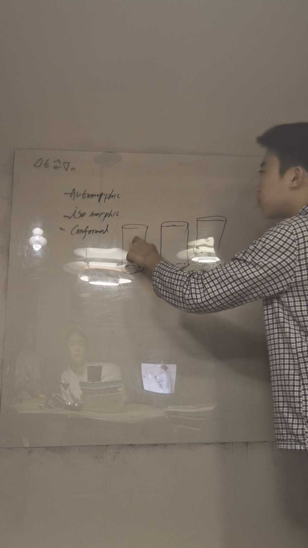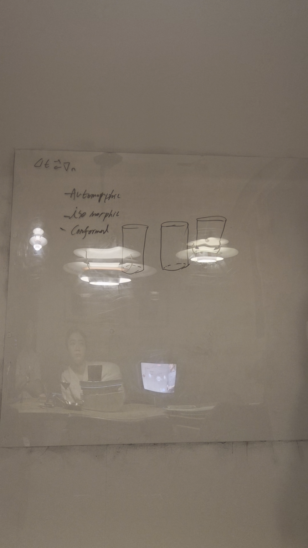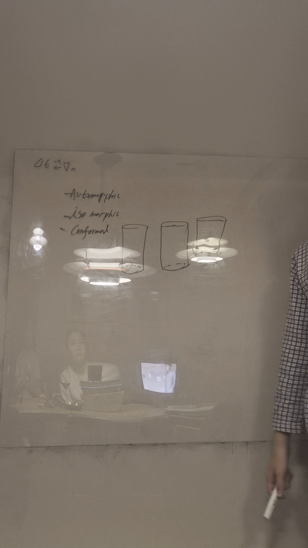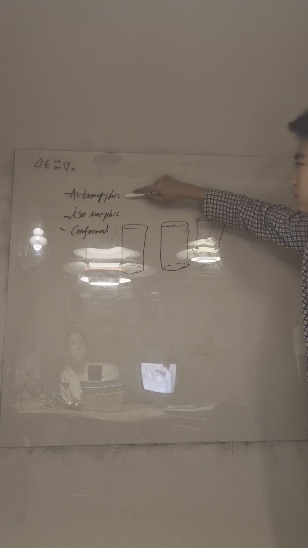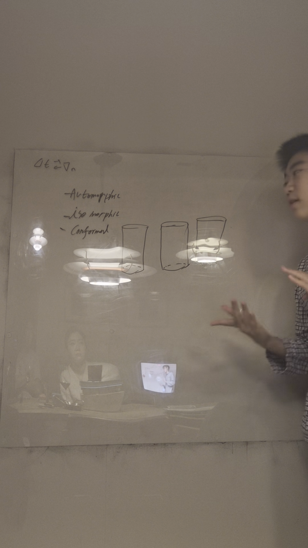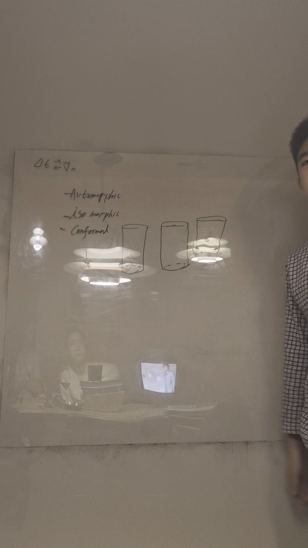Let's say this is automorphic, this is isomorphic, and this is conformal boundaries. What is the difference? I'll talk about it. I don't know the root words, but I know the difference between an isomorphic, conformal boundary and an automorphic boundary.